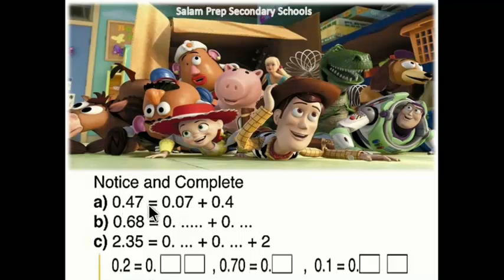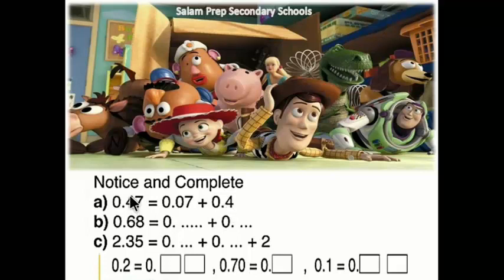0.47 equal, we can expand this number. There is no whole number, okay? We can expand 0.47 equal 7 hundredths plus 4 tenths.